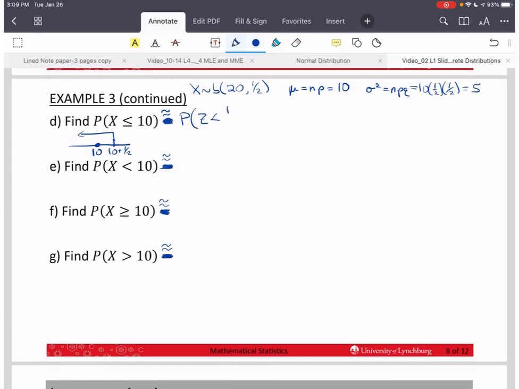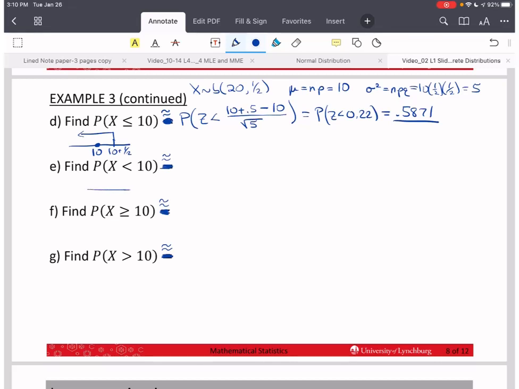Now I need 10 plus 0.5 minus the mean, which is 10, divided by the standard deviation, which is square root of 5. Okay? And then this is going to be the probability that z is less than 0.22. We've looked this up before. It's 0.5871. Now, we're going to get a different answer because we're approximating a discrete distribution.